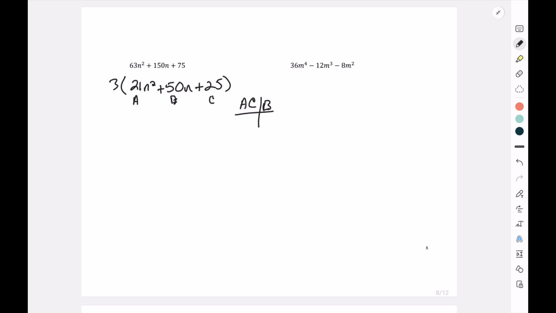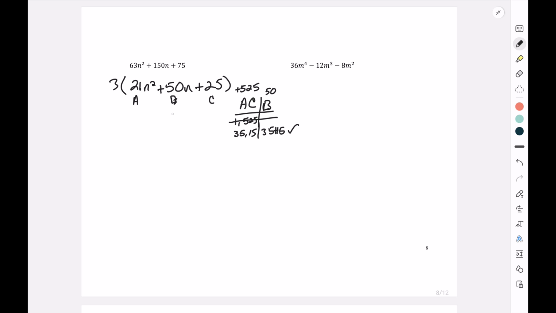We can plug into our calculator 21 times 25 and get positive 525, and we have a positive 50. Looking at the different factors, we would have 1 and 525, and 35 and 15. Since we want a 50, our top row wouldn't work, but 35 plus 15 would work.